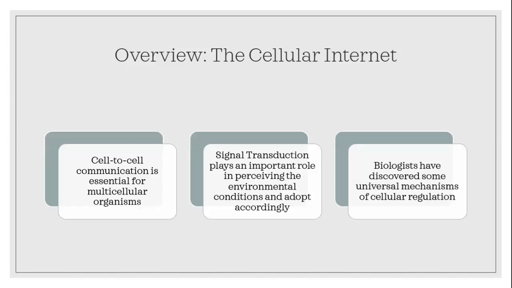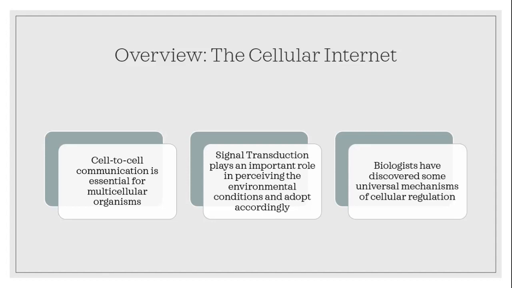Now, what are the aspects of cellular internet or cellular communication? Cell-to-cell communication is an essential thing for a multicellular organism, because there are many cells and many organs, and these organs have to perform in a coordinated fashion. For that, there has to be communication between all of these organs.